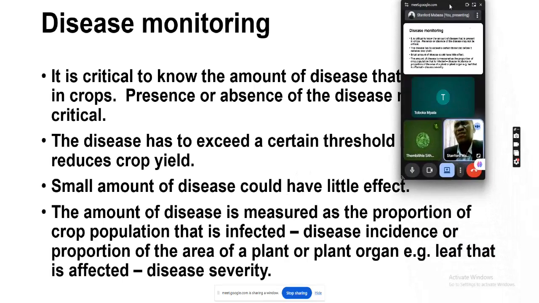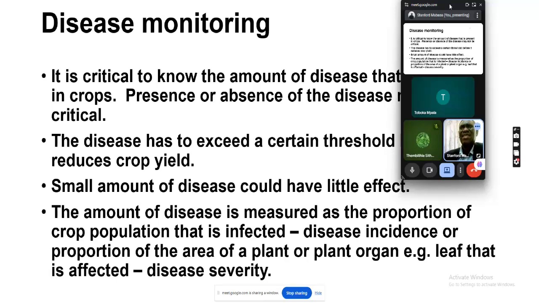So the amount of disease is measured as the proportion of crop population that is infected. Alright, we call that disease incidence. Or the proportion of area of a plant or plant organ, such as a leaf, that is affected, we call that disease severity.